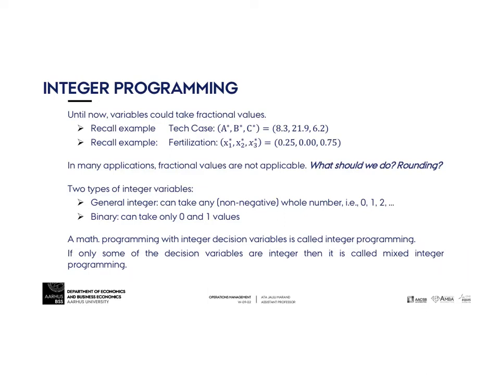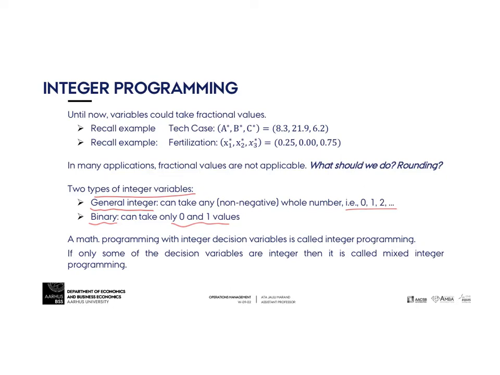So here we are talking about two types of integer variables. Your decision variables can be general integers, for example, 1, 2, 3, 4, or they can also be binary variables. That means the value can only be 0 or 1. A linear programming problem including integers is normally called an integer programming model.